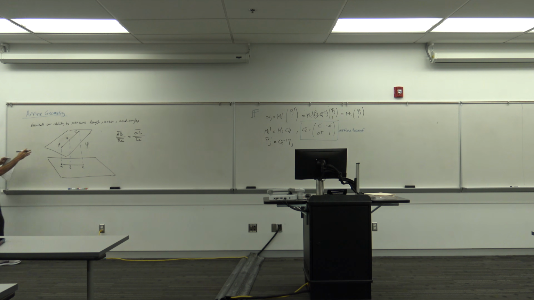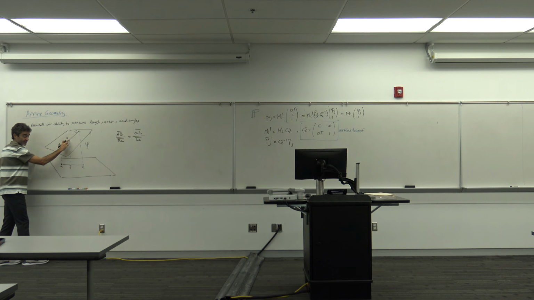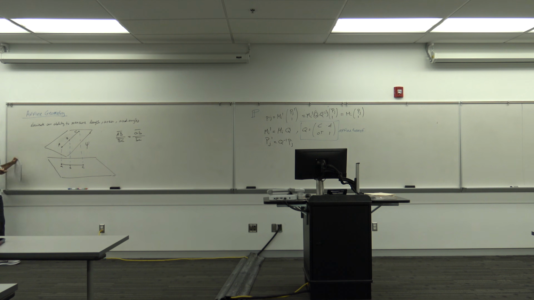And the reason for that is that that transformation transforms this distance into something shorter, but equally transforms this into something equally short. So the ratio of these two things is multiplied by the same scalar, and therefore dividing by them eliminates that scalar. Right?